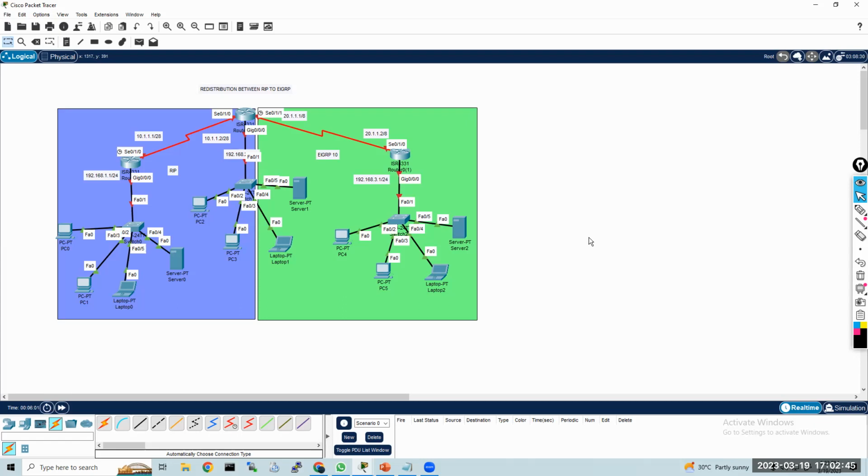So I'll give control to Asma. I think she will do it. Asma, I'll give the access to you. Are you there? Assign the IP address for all the interfaces. Are you there, Asma? Andrew? Angie?